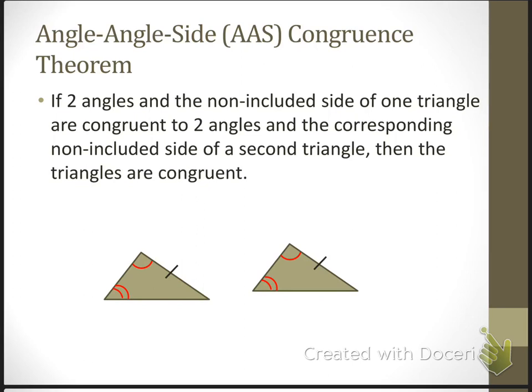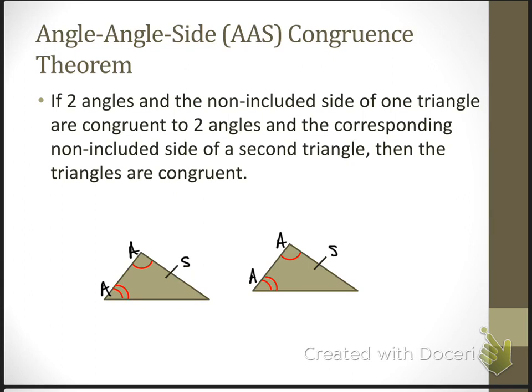Okay, the fourth one that we're going to look at is the angle-angle-side congruence postulate. If two angles and the non-included side of one triangle are congruent to two angles and the corresponding non-included side of a second triangle, then they're equal to each other. So you can see here, this angle matches with this angle, this angle matches with this angle, and then the side that we have is not included.